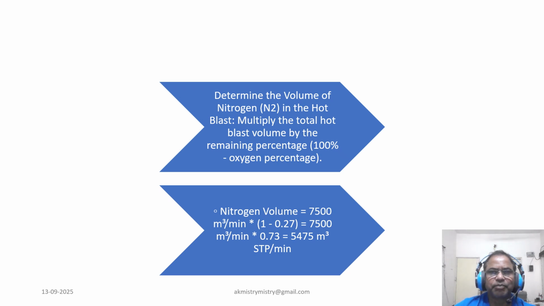So 7500 multiplied by 0.73 gives 5475 meter cube per minute. So our output is 5475 meter cube per minute. Nitrogen passes through largely unchanged and makes up a major portion of the resulting gas.